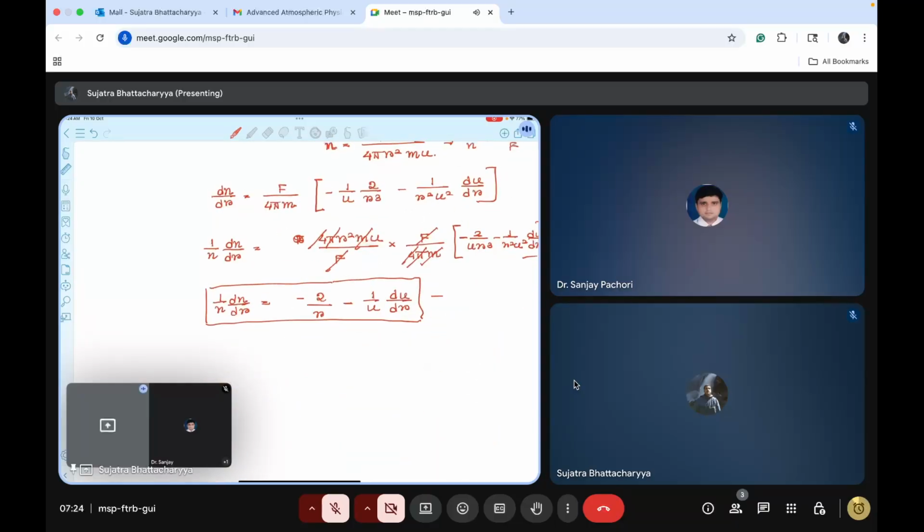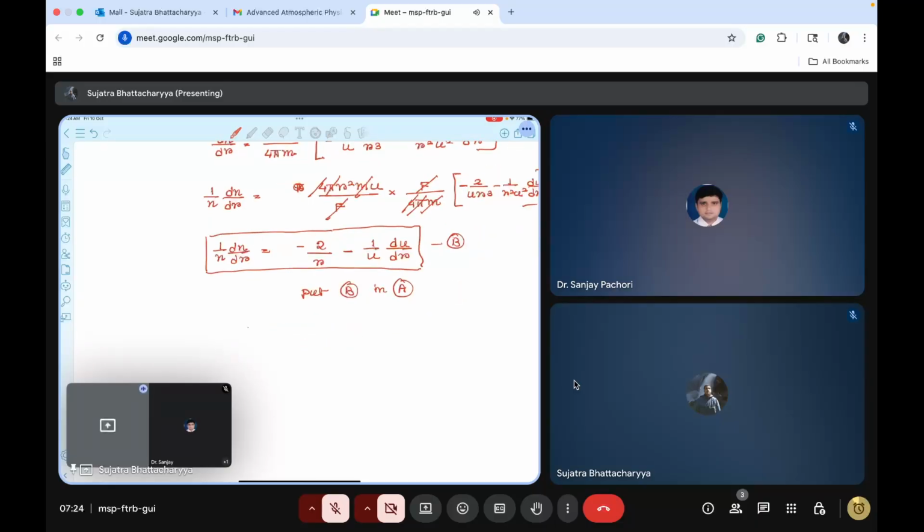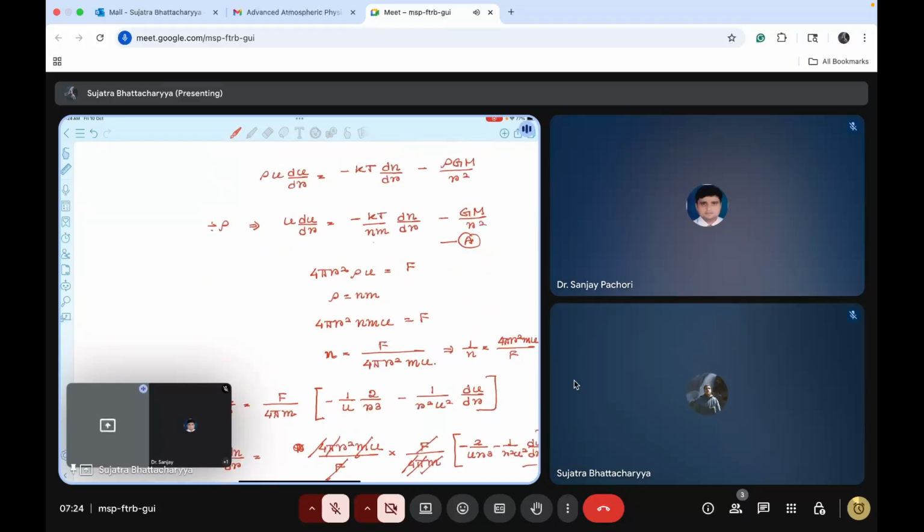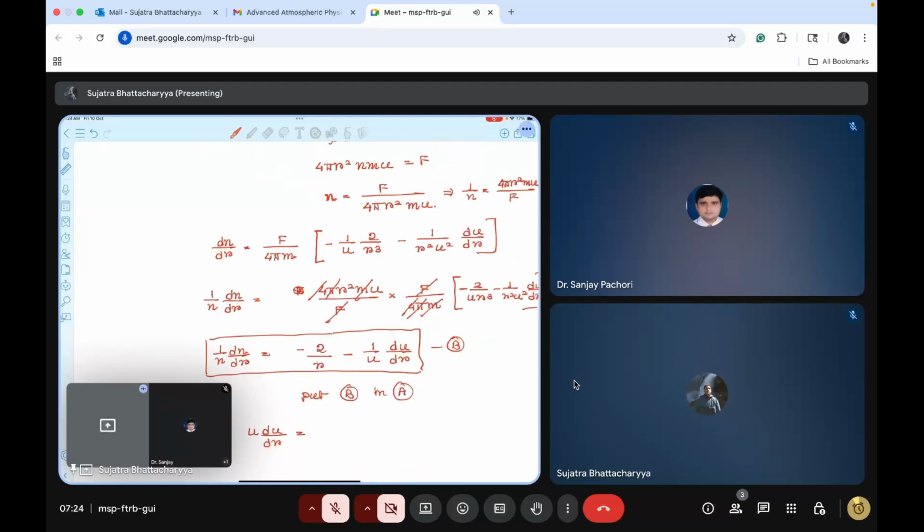Now let's say this is your A and this is your B. Put B in. So what you will do? u du/dr on the left hand side, and on the right hand side you have minus kT by m times 1 by n dn/dr. So that's what I will write.